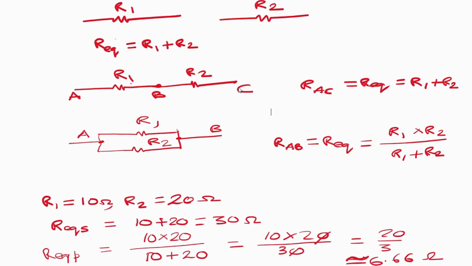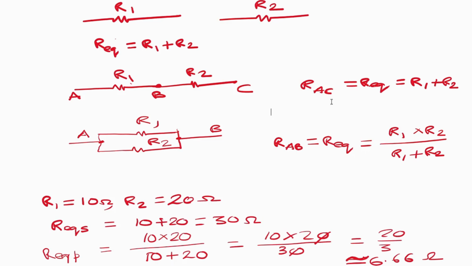Now the equivalent resistance of R1 and R2 will be the resistance between terminal A and terminal C. The calculated value is a simple addition, R1 plus R2.